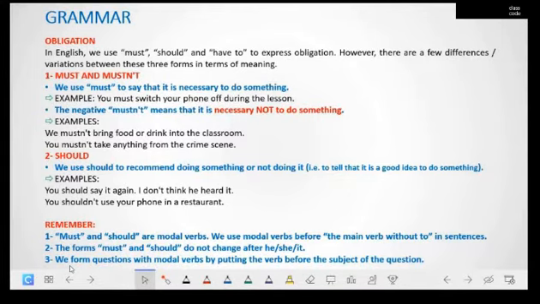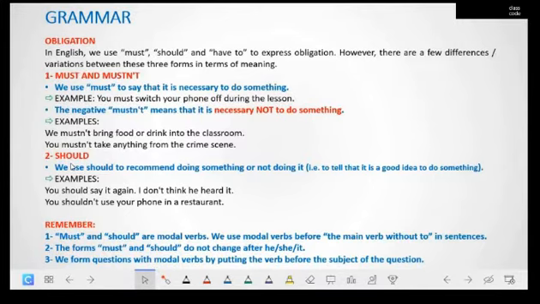All right. So I'm going to read out the rules for you. In English, we use must, should, and have to express obligation. As you said, obligation means it is a necessity. It is necessary to do something. However, there are a few differences or variations between these three forms in terms of meaning.